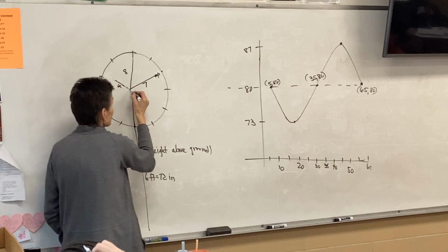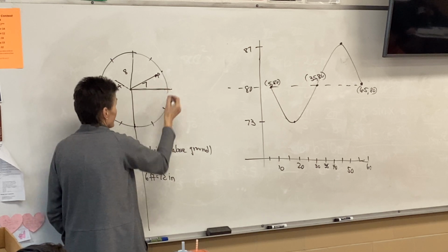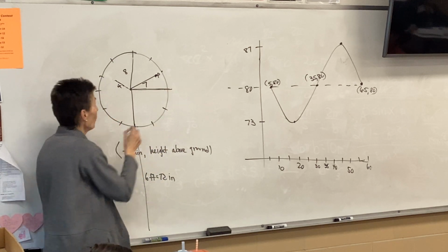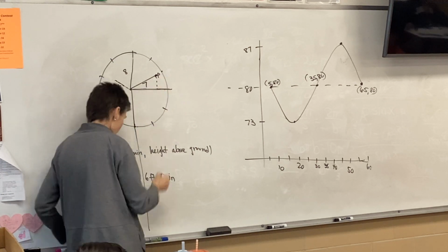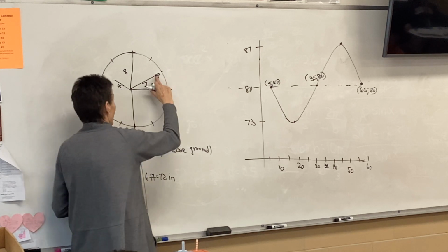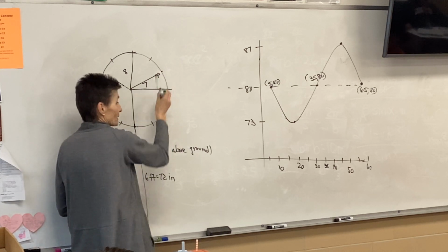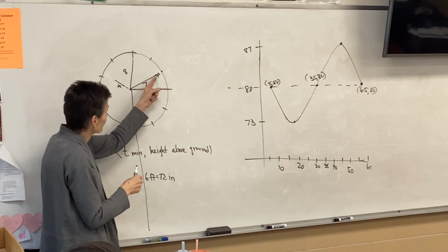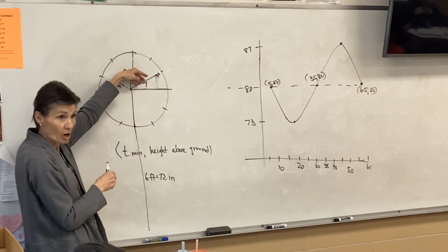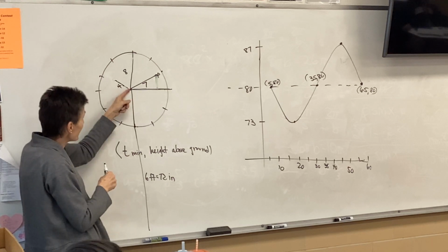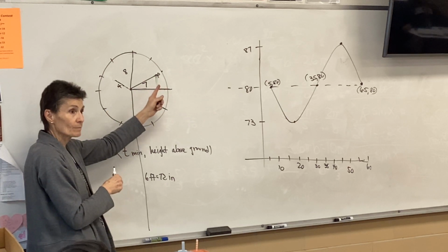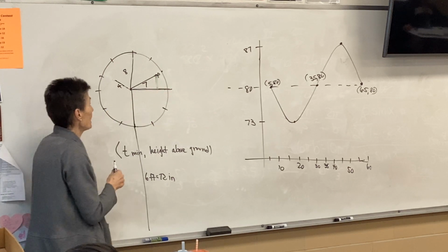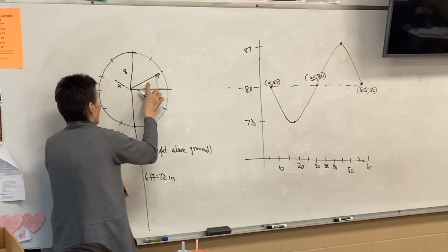So we know that to here is 80. What I need to figure out is this green line right here. The height of P above the ground when the problem starts is going to be the 80 plus that green. Agreed?